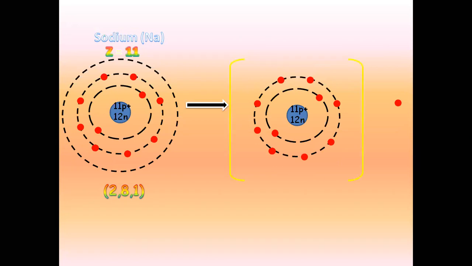Why does it become Na plus? Because one electron is being removed. अगर दो इलेक्ट्रॉन रिमूव होगा तो दो पॉजिटिव चार्ज, तीन इलेक्ट्रॉन रिमूव हुआ तो थ्री पॉजिटिव चार्ज. But sodium has removed only one electron, has completed its duplet and octet. Everybody clear with the concept of sodium here?